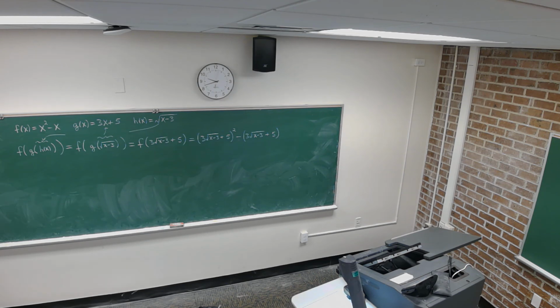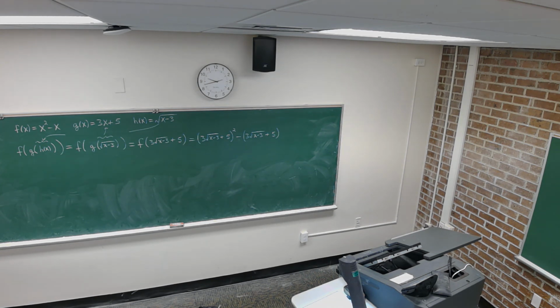So over here on the side, 3 times the square root of x minus 3 plus 5 squared, you know it's just 3 times the square root of x minus 3 plus 5 times itself, right? So when we FOIL, we've got to multiply first terms. To multiply first terms, we have 3 times 3 is 9.